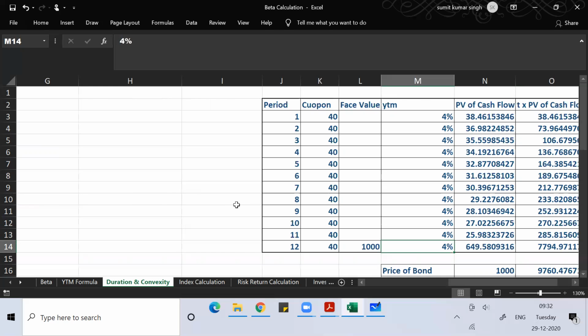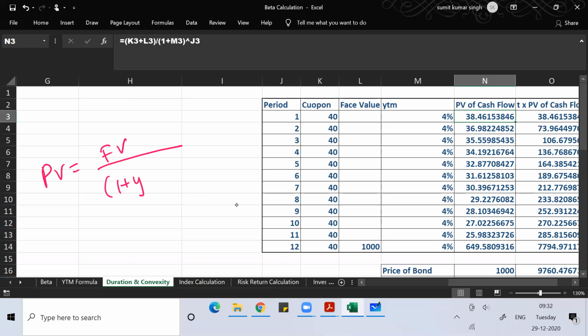Your YTM was 8% per annum, and if you're discounting semi-annually, then the rate every half year will be 4%. So you know the formula of present value of cash flow: you divide the future value of the cash flow by (1 plus the YTM) raised to the period, and with this you'll get the present value of the cash flow.